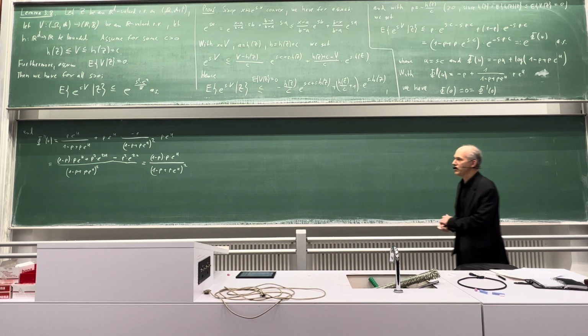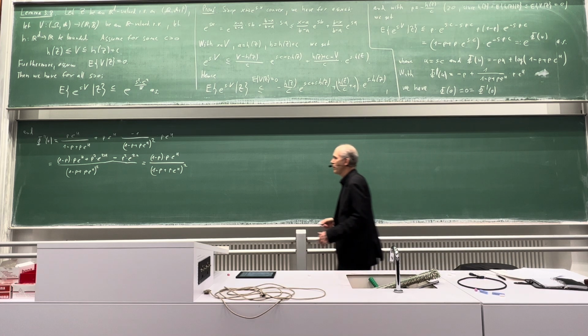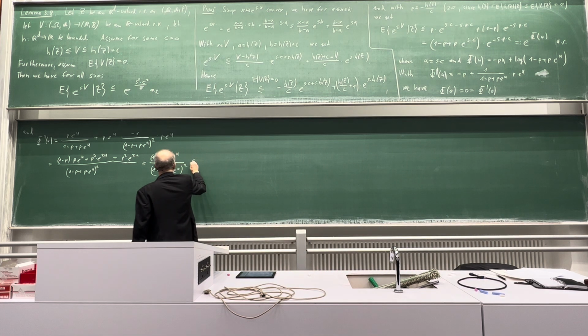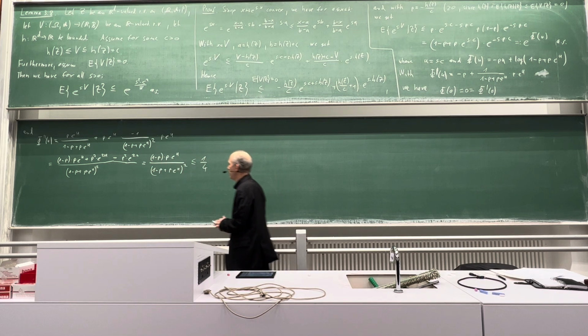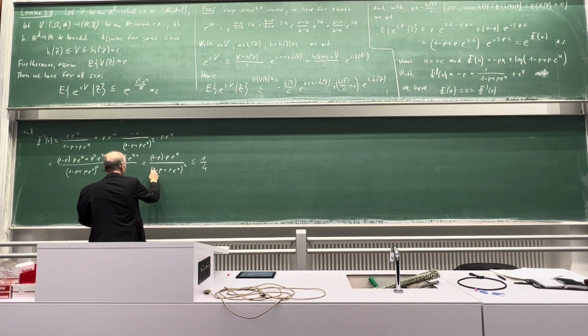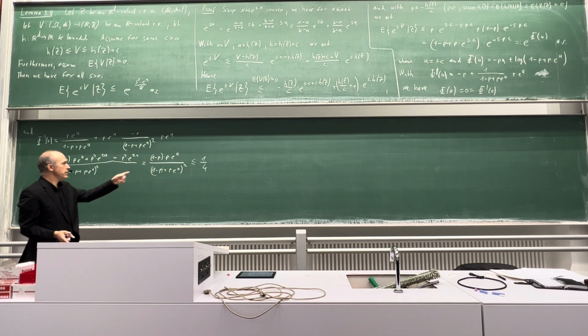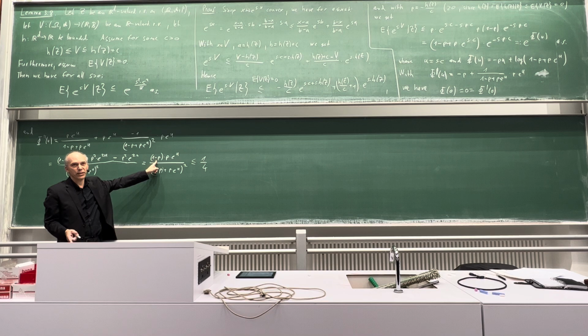And now the trick is to see that this is less or equal 1 divided by 4, because you have here an a plus b squared, and here you have an a times b.